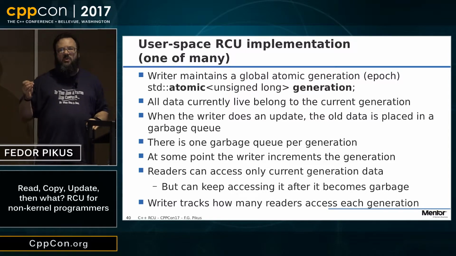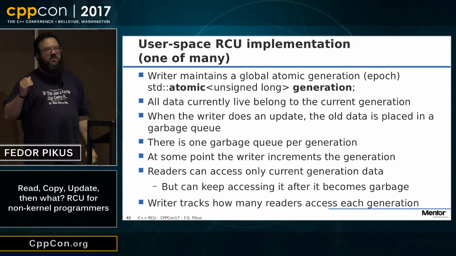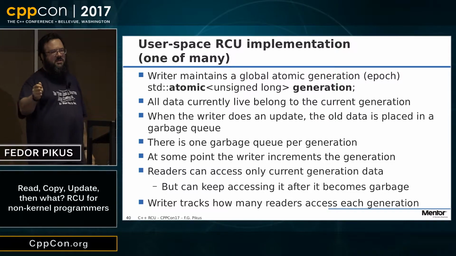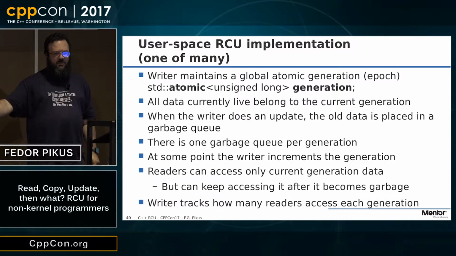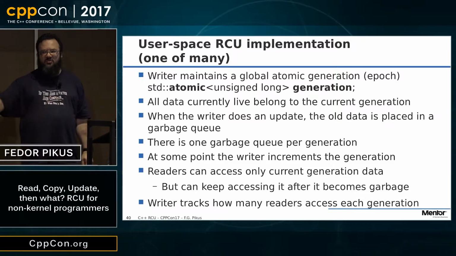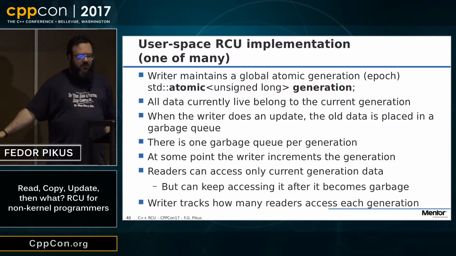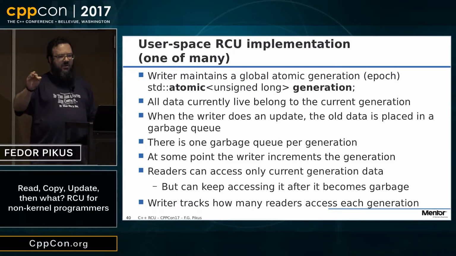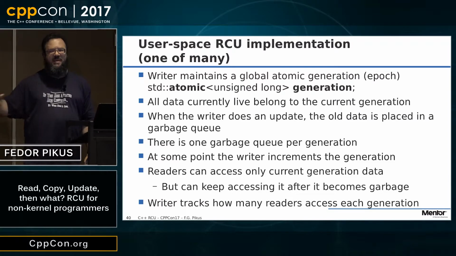So what I need to know is how many readers started accessing the list in a particular generation. When all readers that have generation 0 have left, my garbage queue of generation 0 can be collected, because no reader that entered during generation 1 could see any of these nodes.